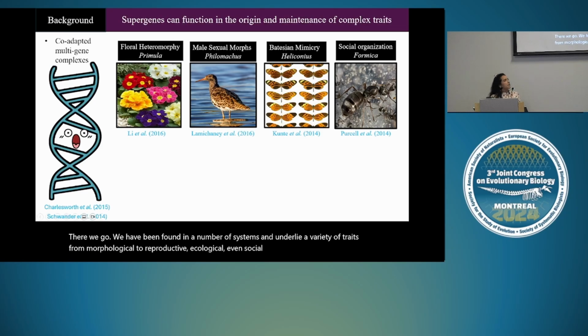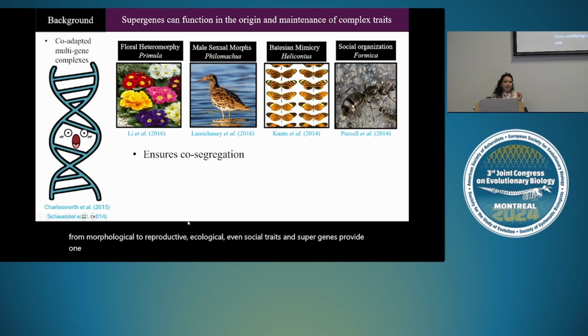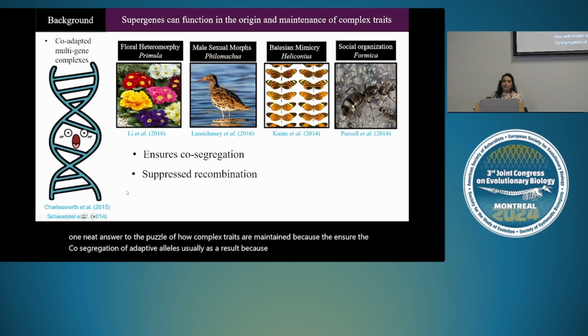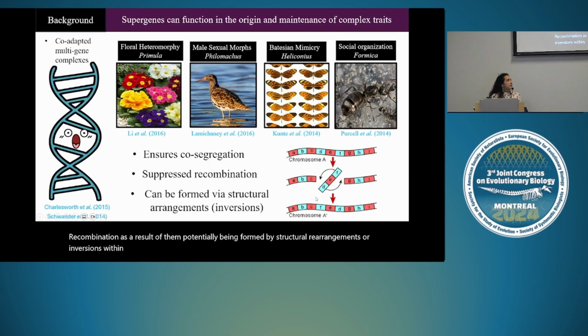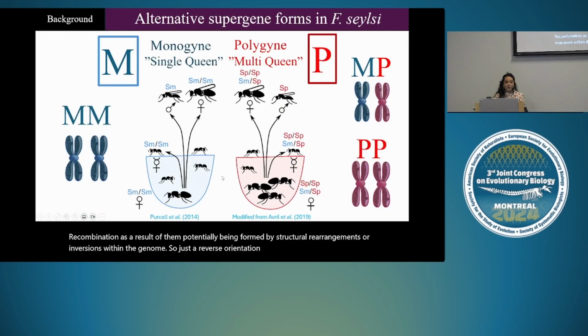And supergenes provide one neat answer to the puzzle of how complex traits are maintained, because they ensure the co-segregation of adaptive alleles. These are regions of suppressed recombination as a result of them potentially being formed by structural rearrangements or inversions within the genome, so just a reverse orientation in the genetic material.